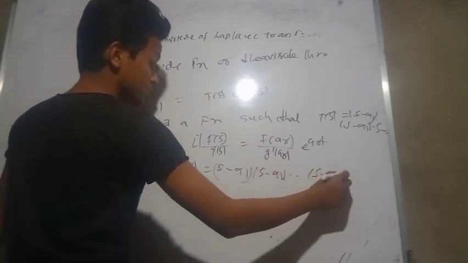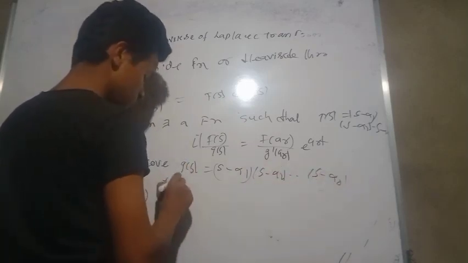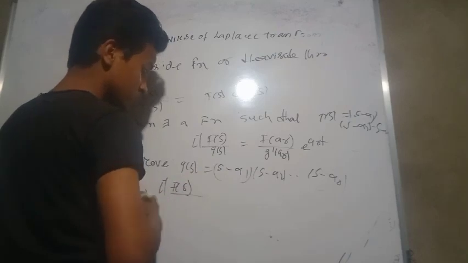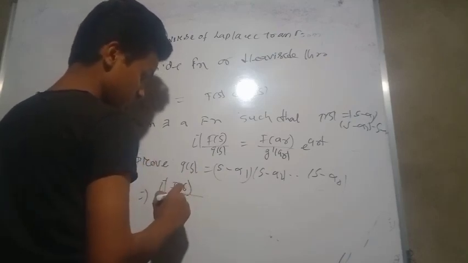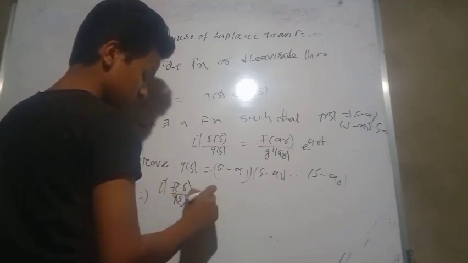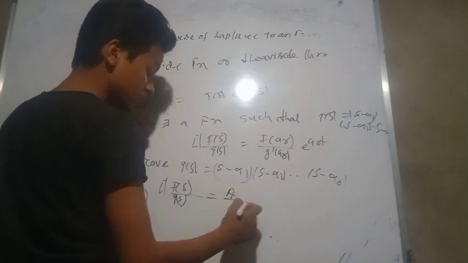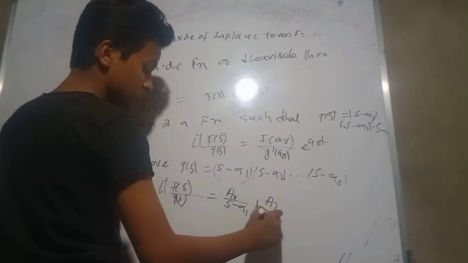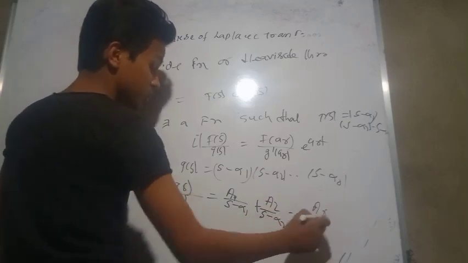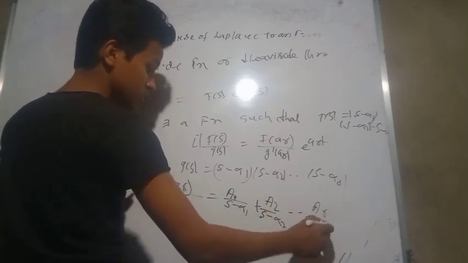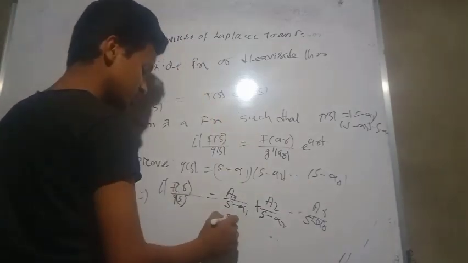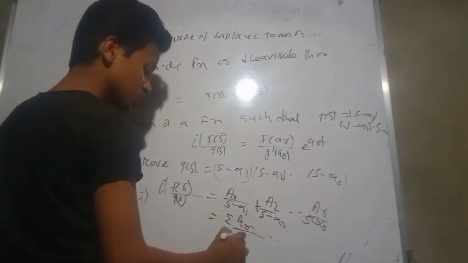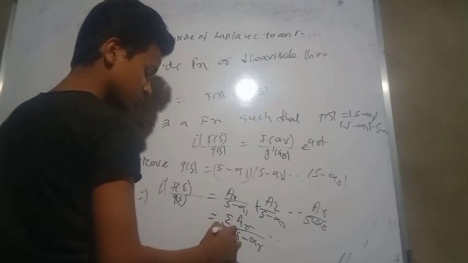So we can write the inverse of F(s)/G(s) as A1/(s − α1) + A2/(s − α2) + ... + Ar/(s − αr), which can be written as the summation of Ar/(s − αr).